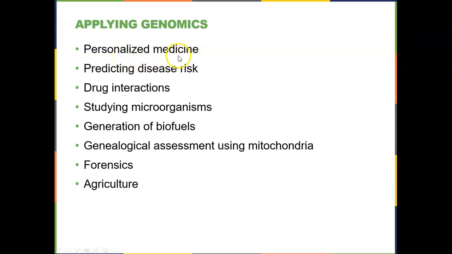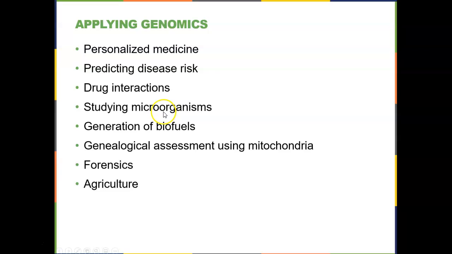Things like personalized medicine, where if we knew exactly what your genes are, we could provide for you exactly targeted therapies and medicines. And there's, again, a whole list of them. We can predict disease risk, look at drug interactions. We could study more microorganisms like bacteria.